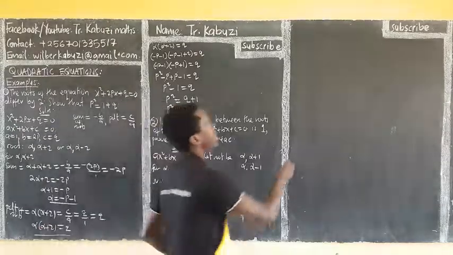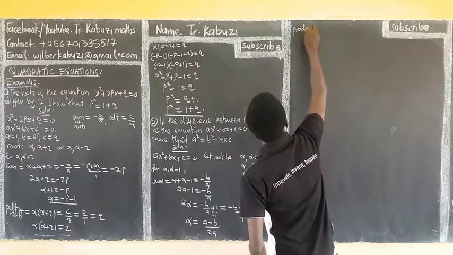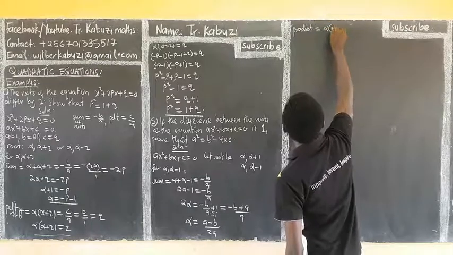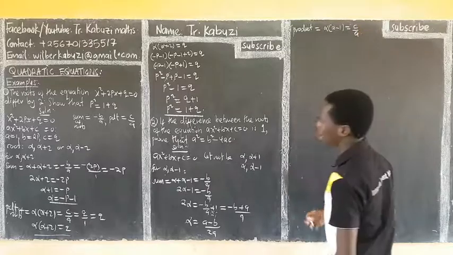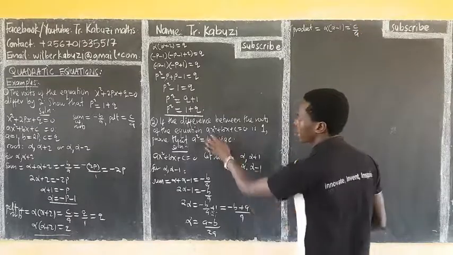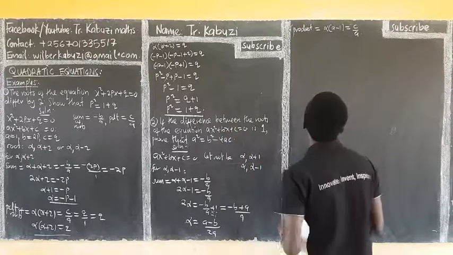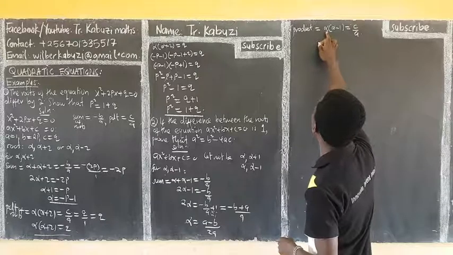Then I come and I get now the product. The product would be now alpha into alpha minus 1 equaling c over a. Why am I not changing? Because this is my general quadratic equation. It's always c over a if you have the roots. Now, here I have my alpha.